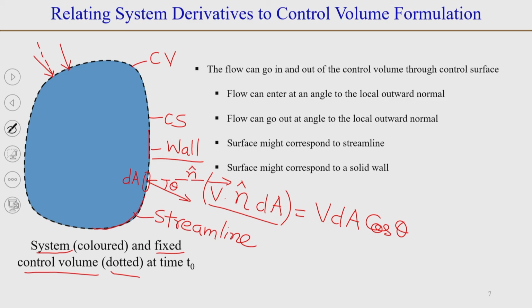Similarly, we can use this if the flow is coming in through the system. Conventionally, when we take a normal to the control surface, we always take the outward normal.